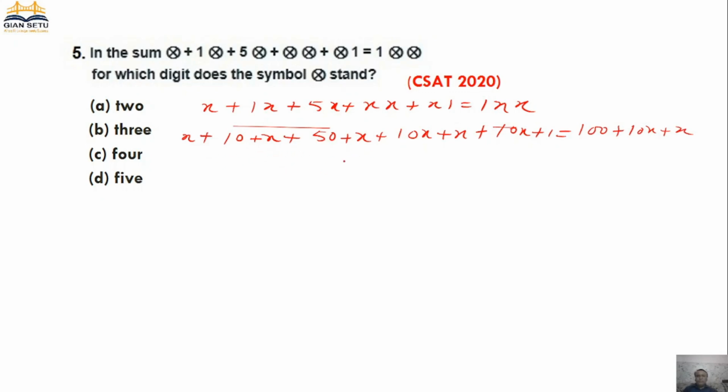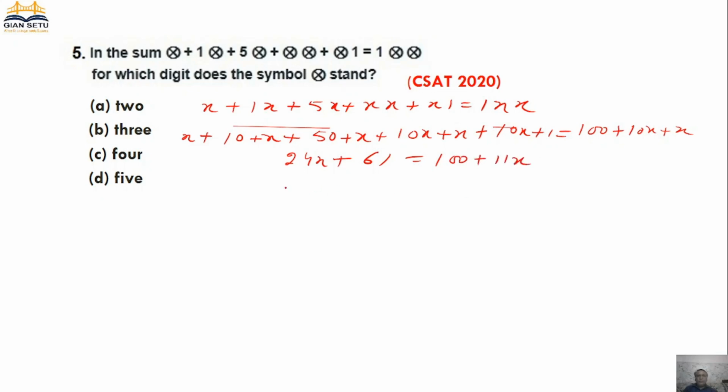It will be 1, 2, 3, 13, 14, 24: 24x plus 61 (10, 50, 50 plus 1) is equal to 100 plus 11x.